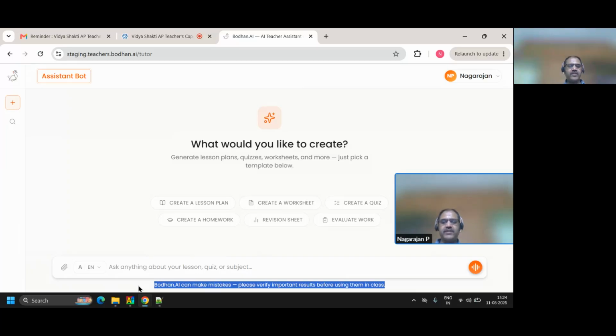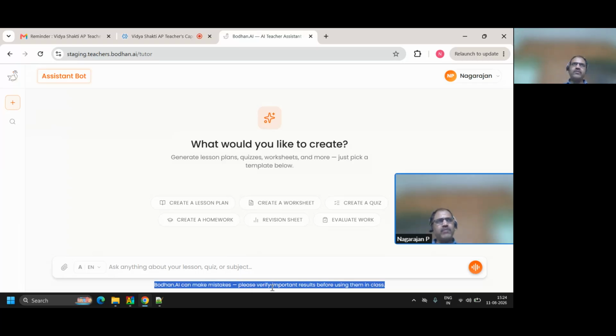In the same way, Bodhan.AI can make mistakes, because it is the engine, it is not just the people, the LLM model or the artificial intelligence engine itself needs to learn a lot. So ensure that you verify.